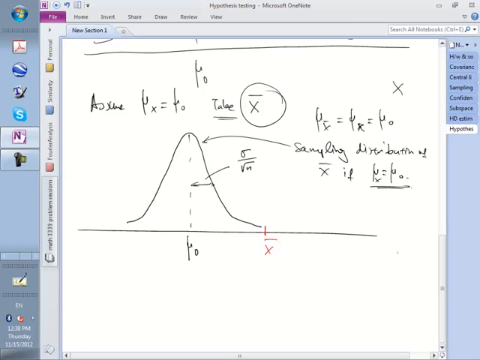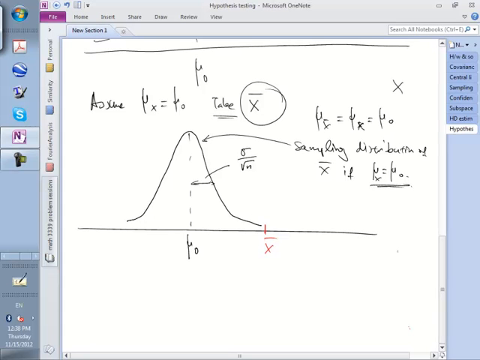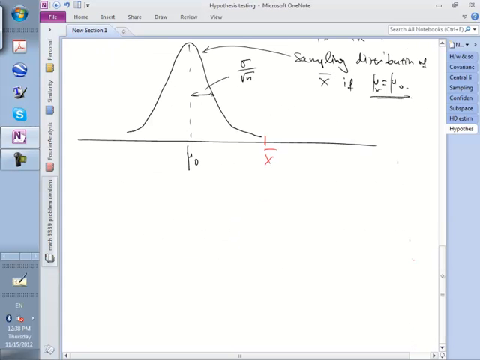If x bar is here, it's way less likely to be coming from a distribution that has mean equal to mu sub 0. Why do you say that? Because this number now falls at the tail of the distribution. That's exactly the key. That mechanism is the key to understanding what hypothesis testing is and how it works.